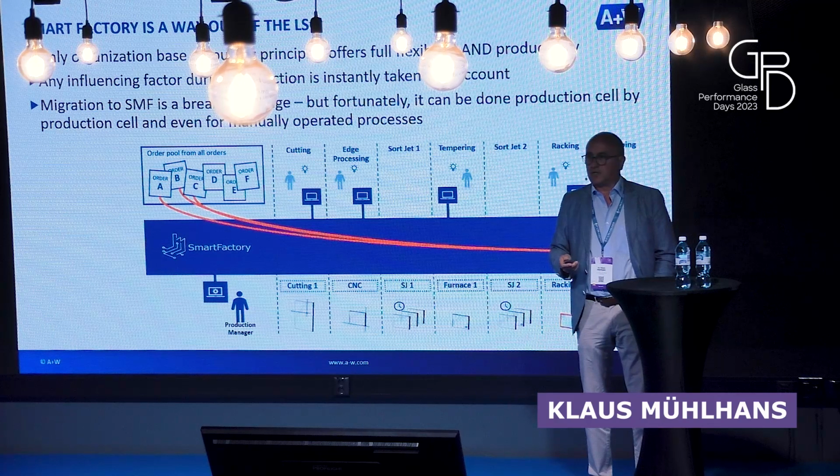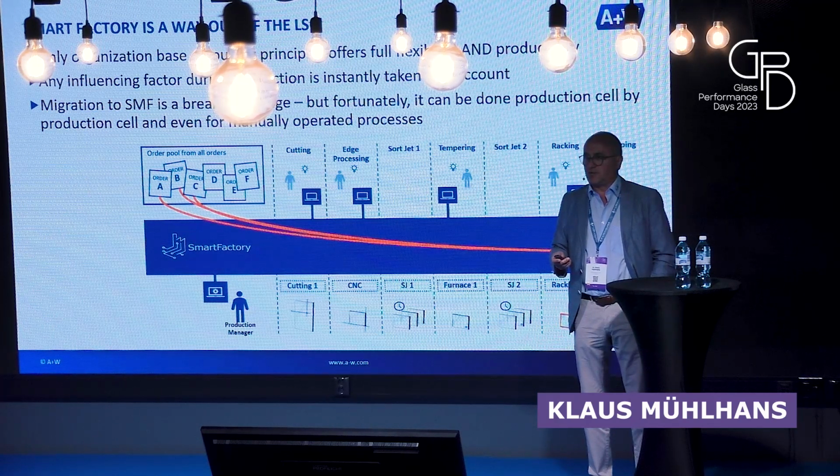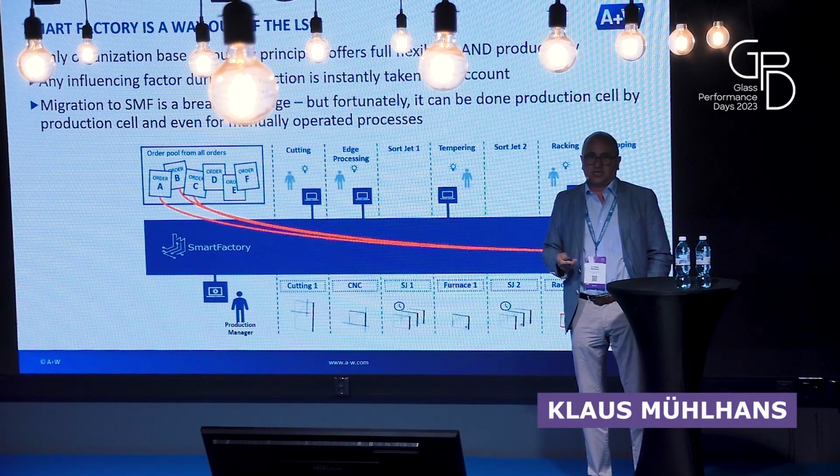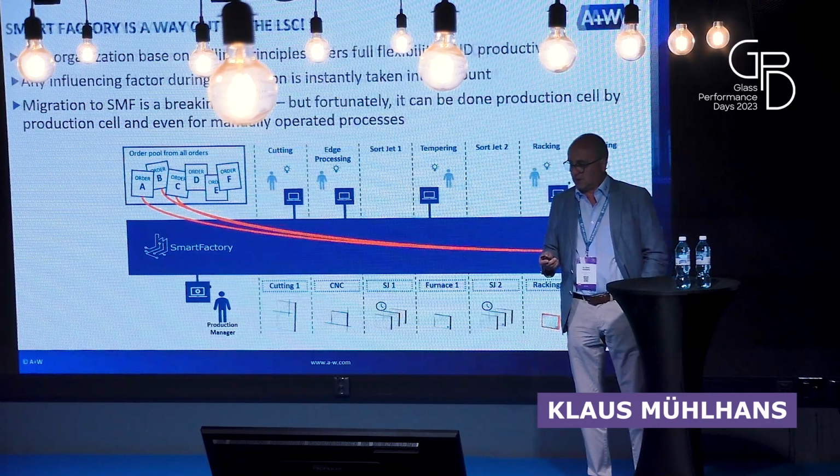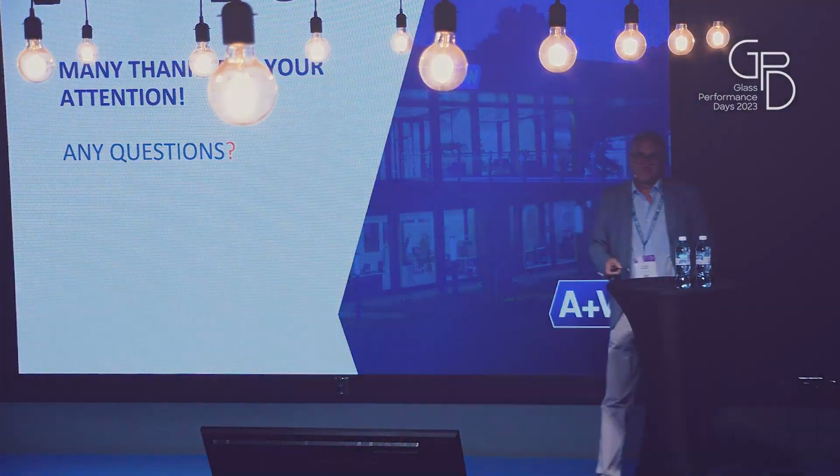Okay, that's what I wanted to show you, to give you a glance at what the future has ahead of us. I think it's a challenge, but it's a good challenge, and it will be a big, positive change. And thank you.